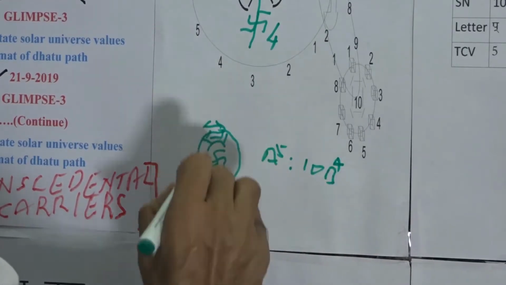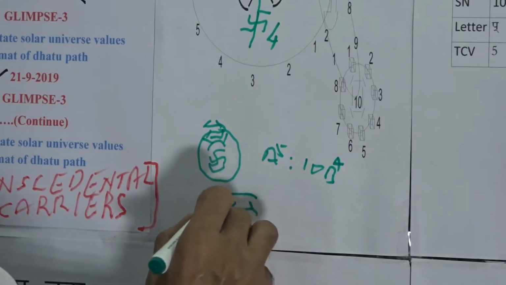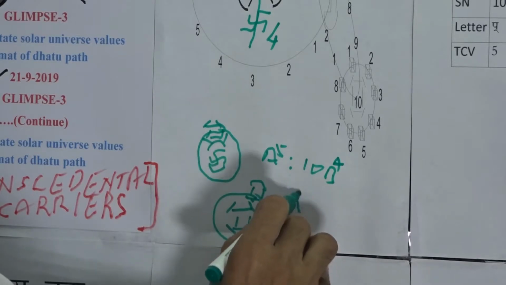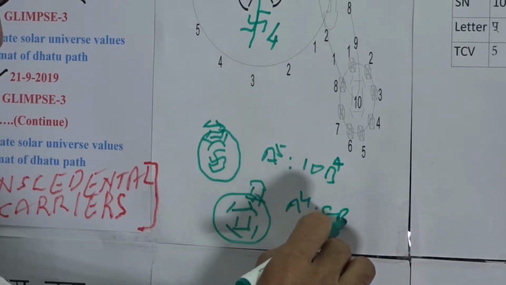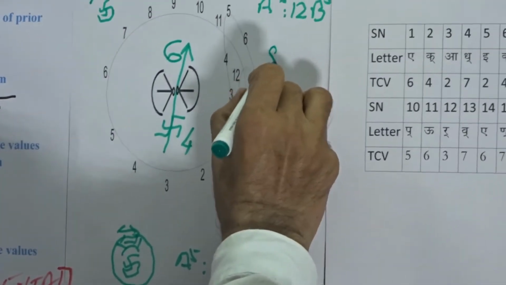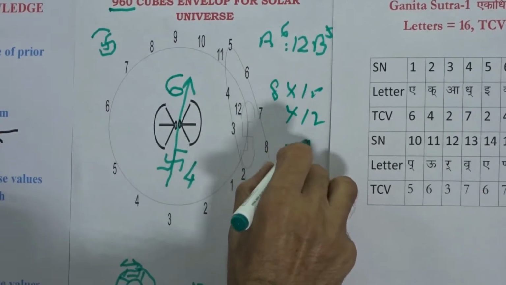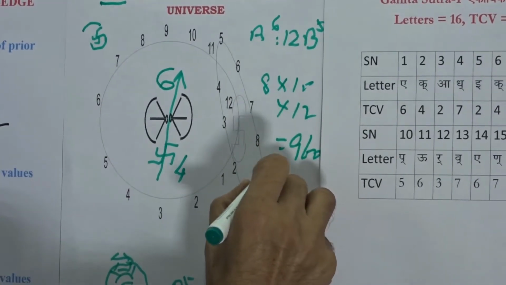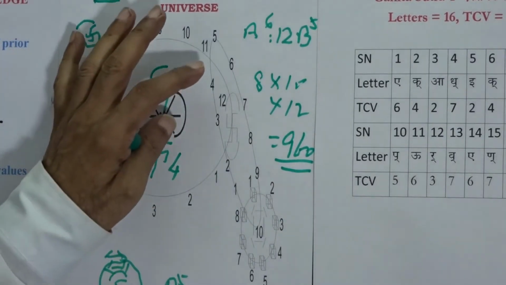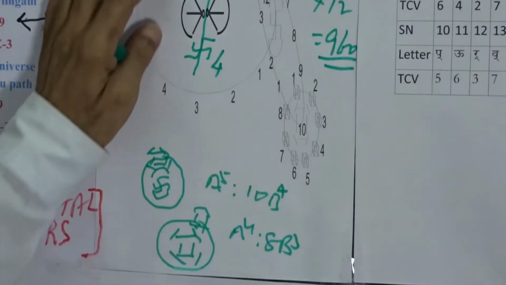Further, we know that 4 space itself is enveloped by a solid boundary of 8 components. Now this a^4 is equal to 8 b^3. It is here where we reach at 8 multiplied by 10 by 12 is equal to 960. So it is a setup of 960 cubes which envelop this solar universe, and it is in a dynamic state.